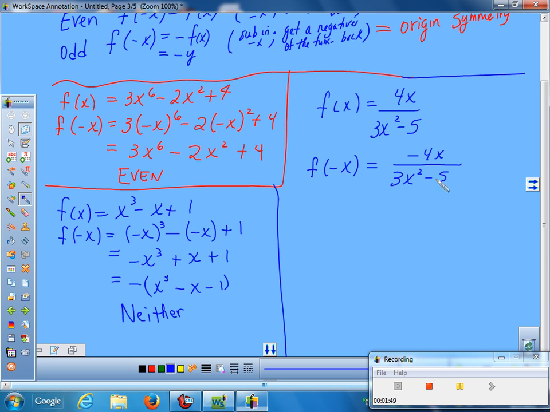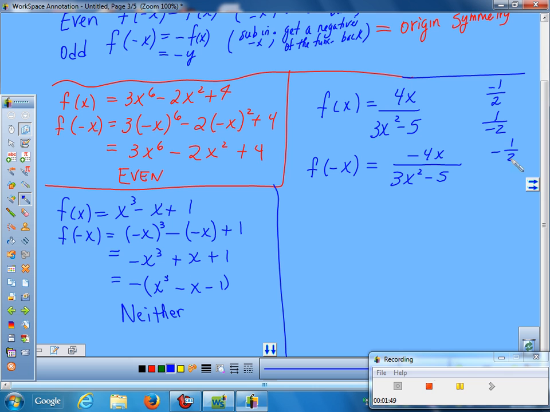No. Okay, for it to be odd, I have to be able to put a negative out front and have the original thing back. This is a fraction. And this is where you have to remember the special situation of fractions. On a fraction, you can put the negative on the top, you put the negative on the bottom, or you put it out front, and it's all the same value. So you get to choose on a fraction where you put your negative.